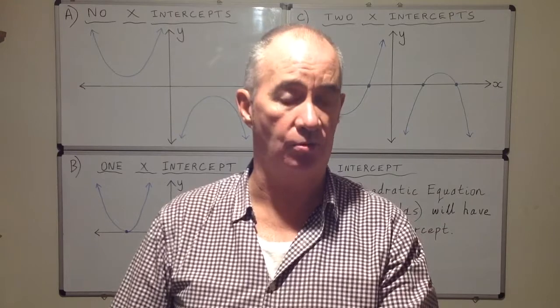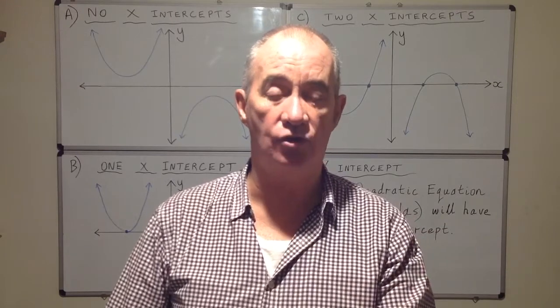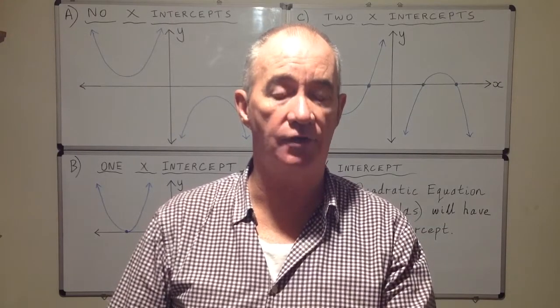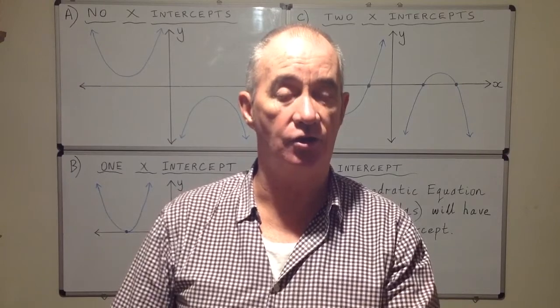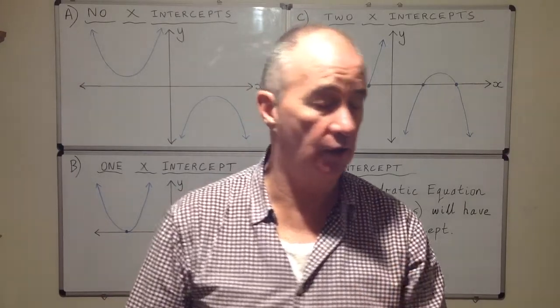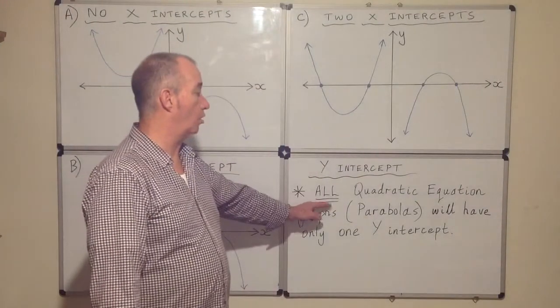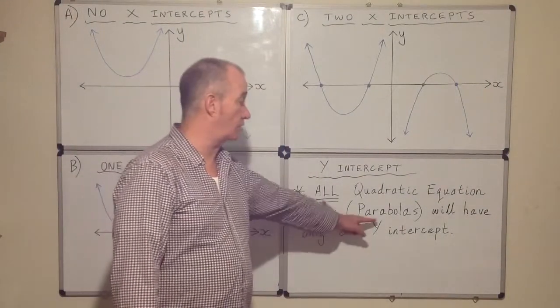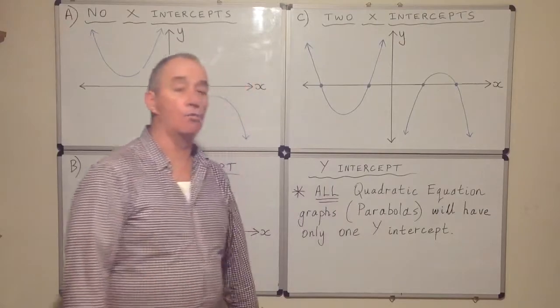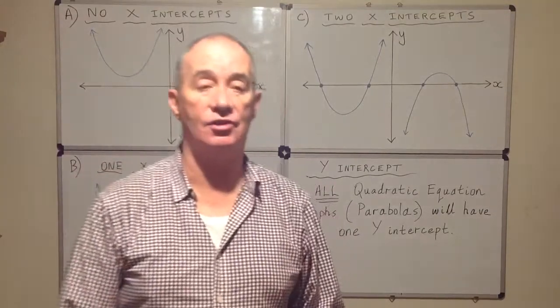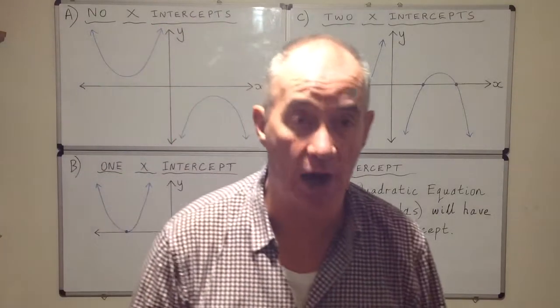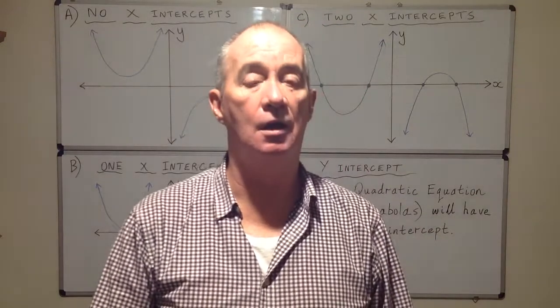So that's simple. I've written that on the board. Y-intercept. All quadratic equation graphs, that is all parabolas, will have only one y-intercept.